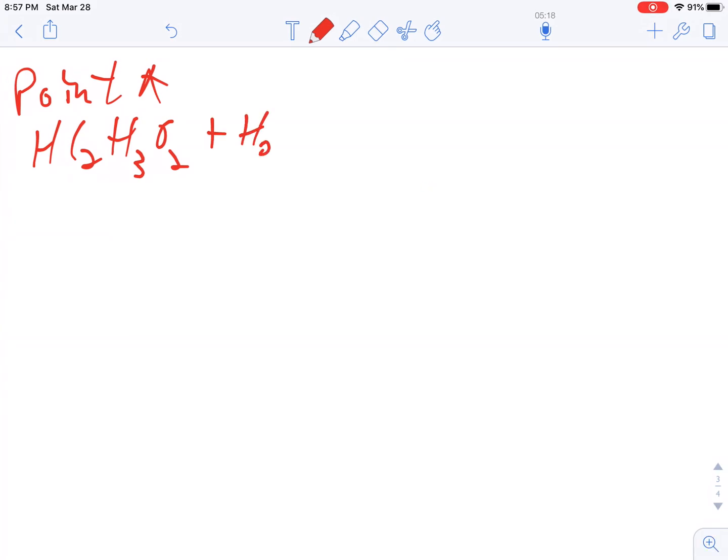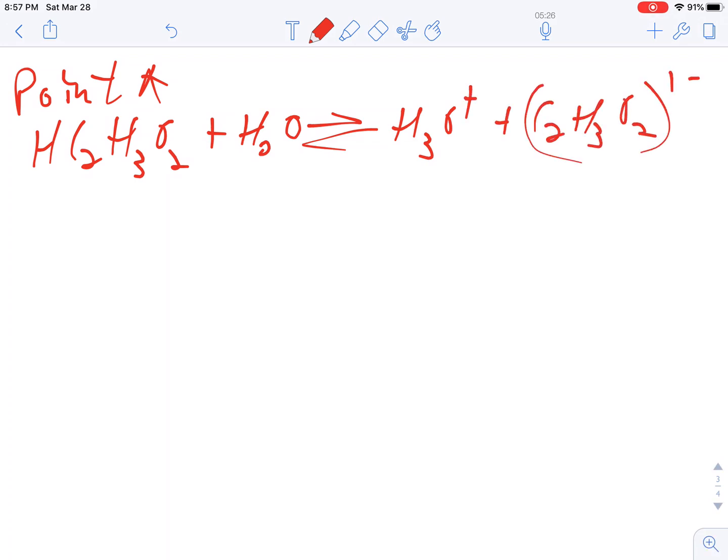So the way you solve for your pH is just like we did in chapter 14. You're going to do an ICE table. Okay? We don't have a buffer. This is just acid and water at point A. So start with your initial concentration.